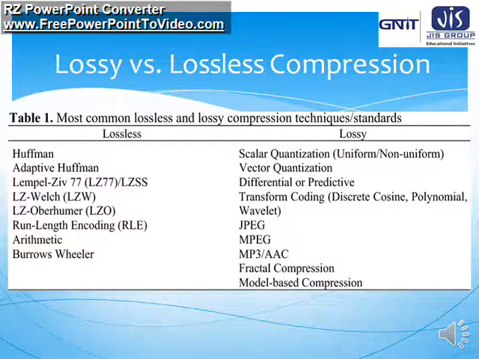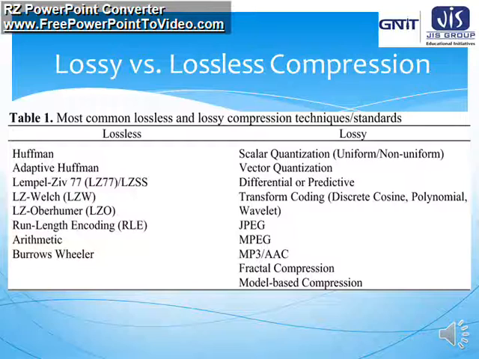So lossy versus lossless compression examples are there. Here in this table, the most common lossy and lossless compression techniques or standards are listed. We can see for lossless, Huffman coding, adaptive Huffman coding, Lempel-Ziv-Welch coding, run length encoding, and arithmetic coding.